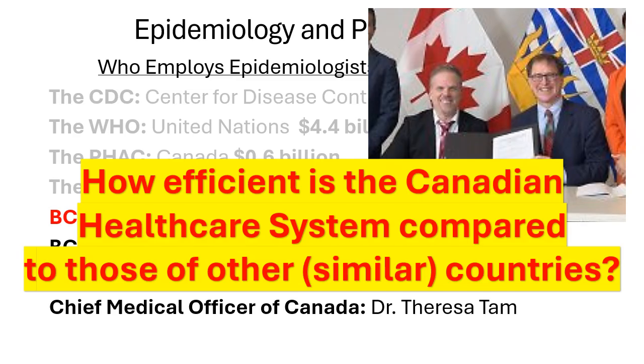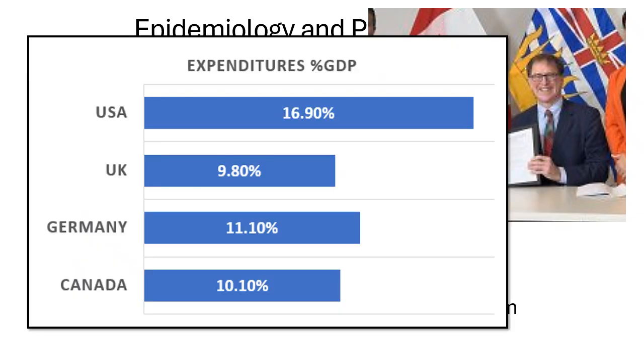So the peer countries of Canada would be the United States, Britain, France, Germany, Denmark, any of those Western European and North American places that are somewhat similar to Canada in the way they work. And so, how does the Canadian healthcare system compare in terms of efficiency with some of our peer countries? And how can you tell? How do you actually measure this? So let's have a look at that.